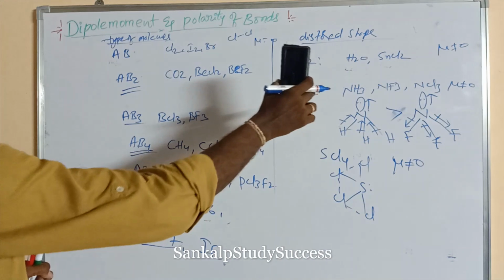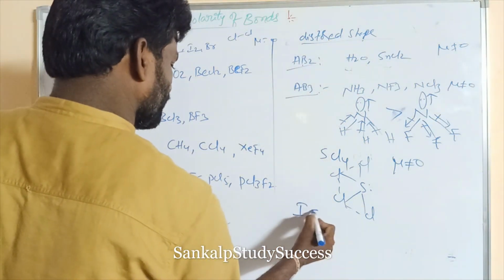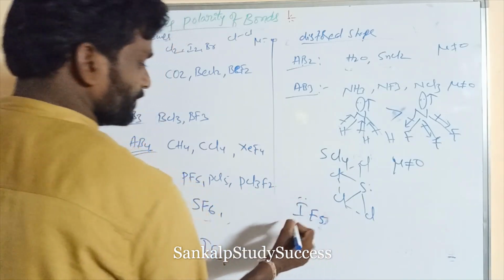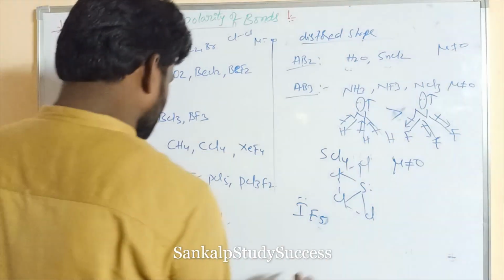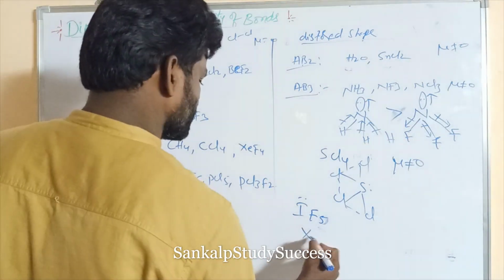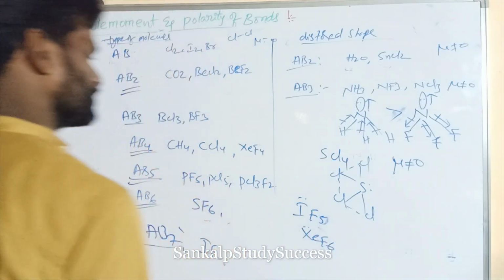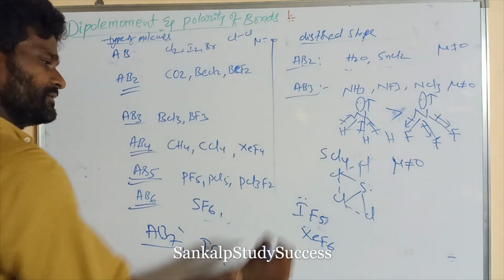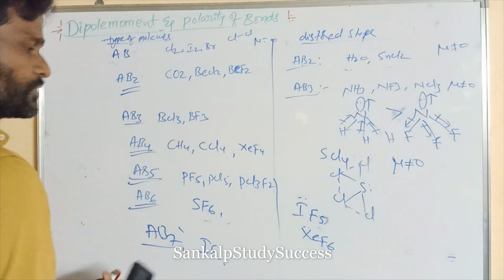Like IF5, which has a lone pair, and XeF6, which also has a lone pair. So all these have distorted shapes, and their dipole moment is not equal to 0.